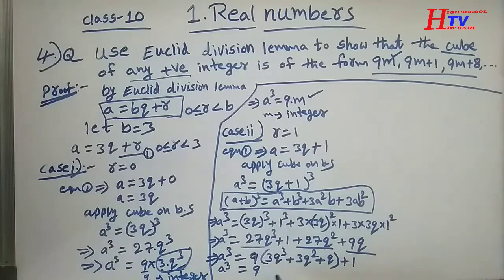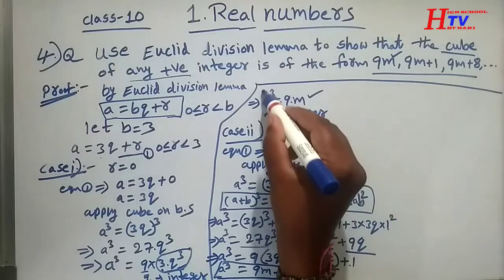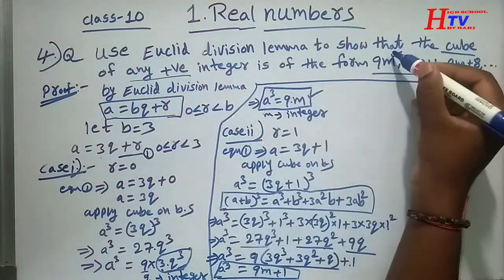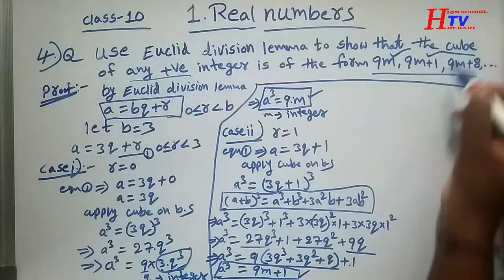A cube equals to 9 into, here q is an integer, q square is also an integer, q cube also an integer, 3 also an integer. Adding integers plus integers we get again an integer. So this part is totally an integer value. 9 into that integer, this part I am considering as m, plus 1 we have. It is a cube equals to 9m plus 1. In the first case we got 9m. First one proved. Here 9m plus 1. Second one proved.